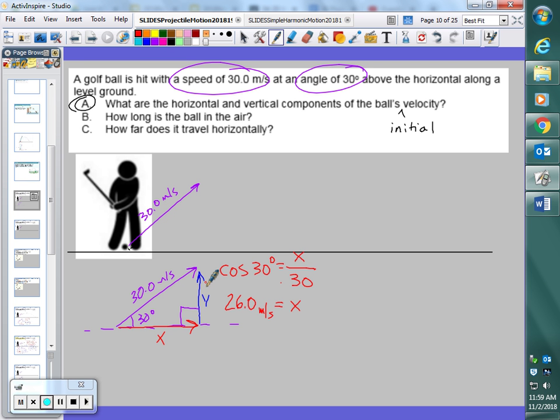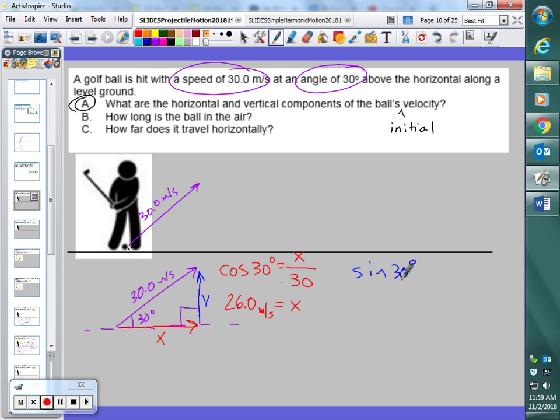We also have to find the blue side here, okay? In relation to the angle that we were given, that 30-degree angle, the blue is the opposite side of the triangle. It gave us the purple hypotenuse. So sine is our relationship between opposite and hypotenuse.